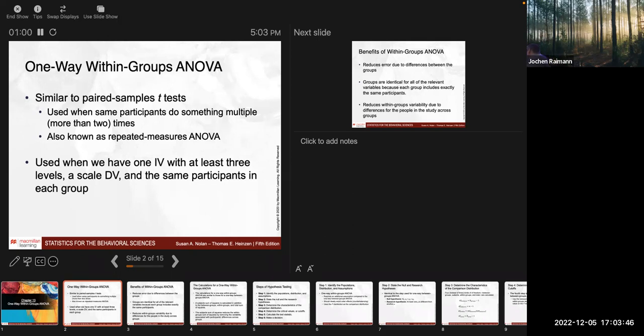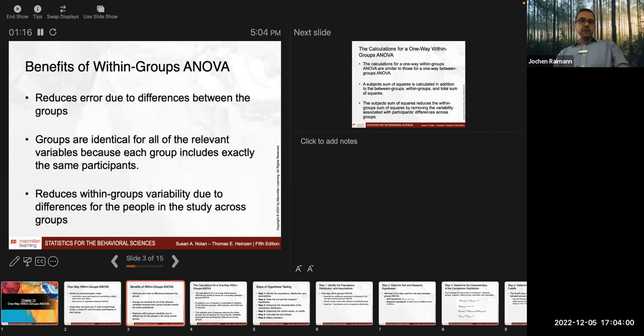It's also labeled a repeated measures ANOVA, and if you read about it in papers, you will read it as a repeated measures ANOVA. It reduces error due to differences between the groups.